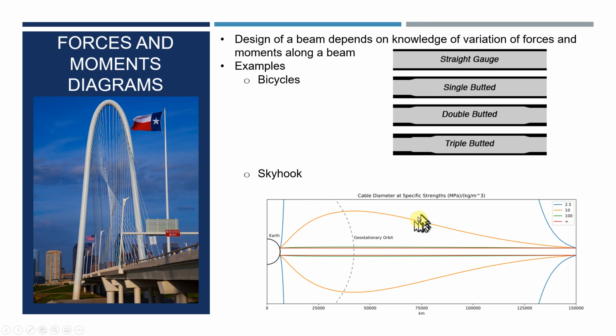Now, if the cables were not as strong, these are actually steel and aluminum are right about here too at 100. The carbon fibers are more like 600. This is kind of close to a plastic. So if you made it out of plastic, you'd have this big fat thing going on.